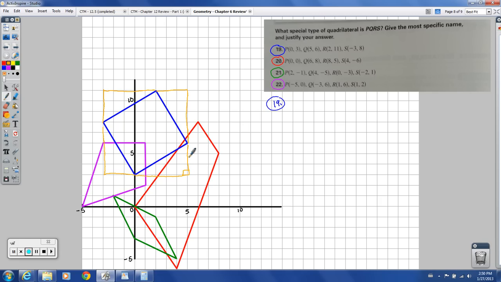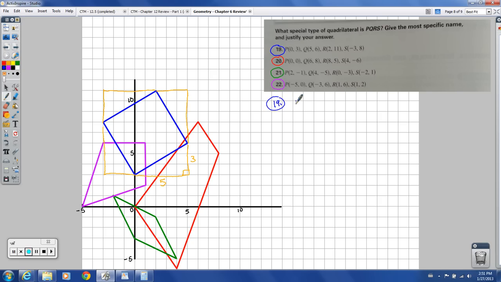So I can say this is 3, and I can see that this is 1, 2, 3, this is 1, 2, 3, 4, 5. And so the length of this one, if I just use that idea, I can prove that this is all 3 and 5, 3 and 5, 3 and 5. So I see that those are all the same.